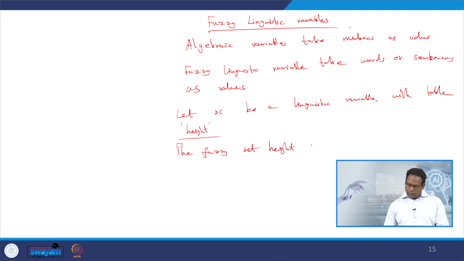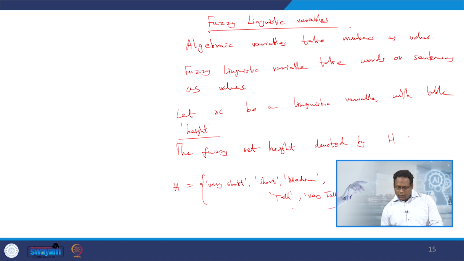height, say denoted by capital H, can be written as H equal to very short, medium, tall, very tall.